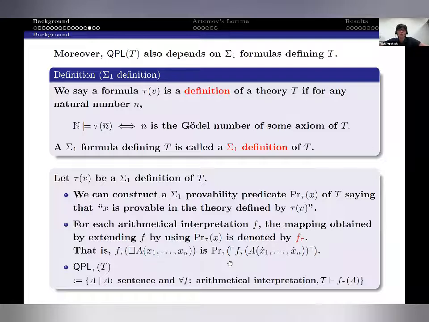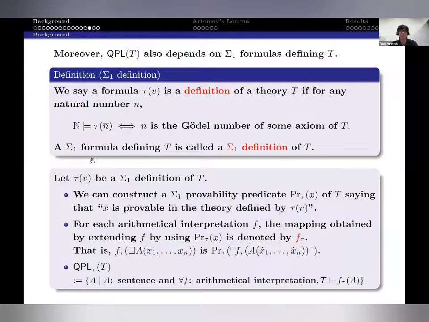Moreover, the quantified provability logic of T also depends on Sigma-1 formulas defining T. We say that a formula tau is a definition of a theory T if for any natural number n, the standard model of arithmetic satisfies tau of n if and only if n is the Gödel number of some axiom of T. So a definition of T is a formula defining the set of all Gödel numbers of axioms of T in the standard model.